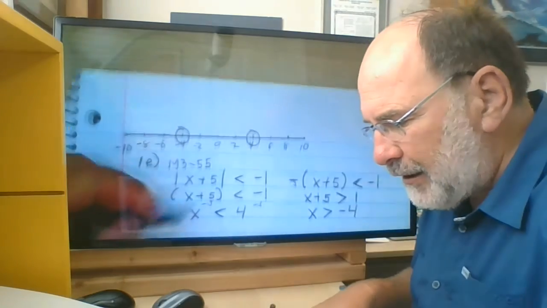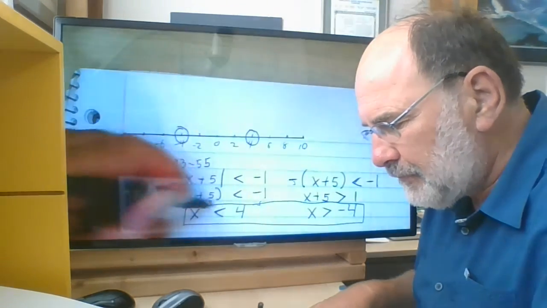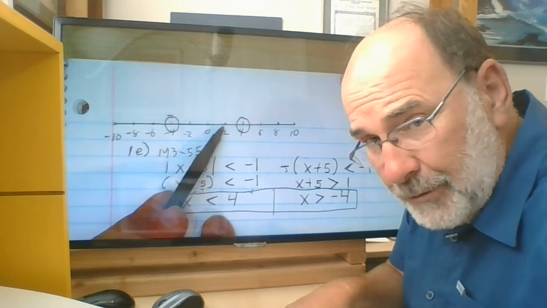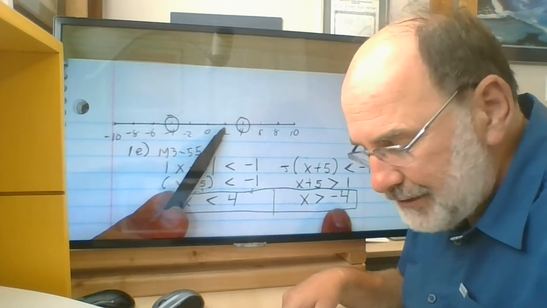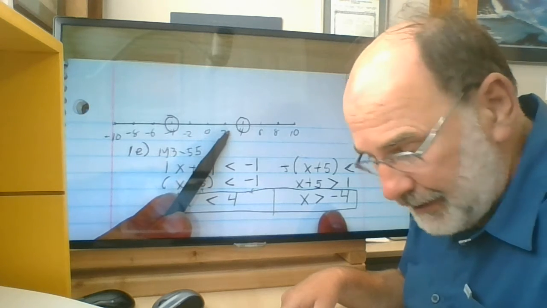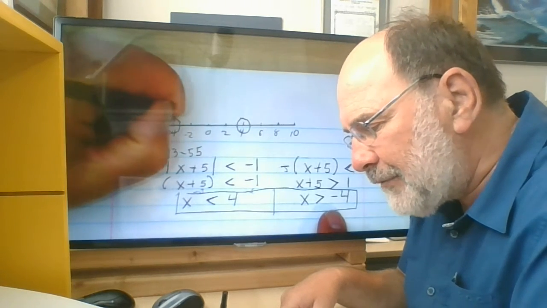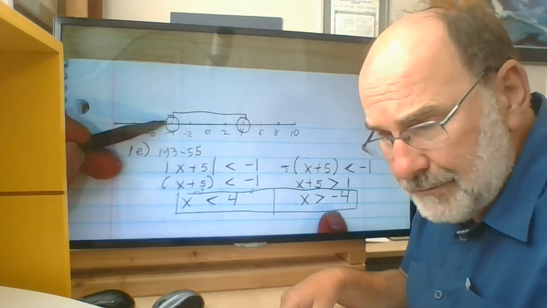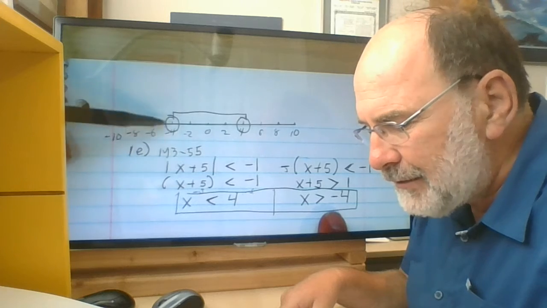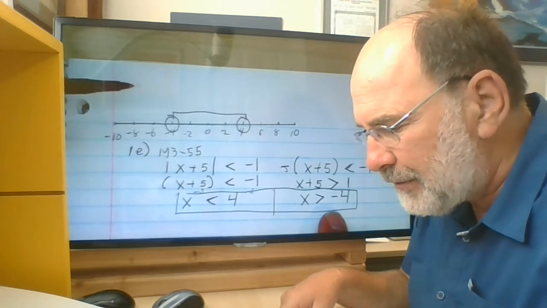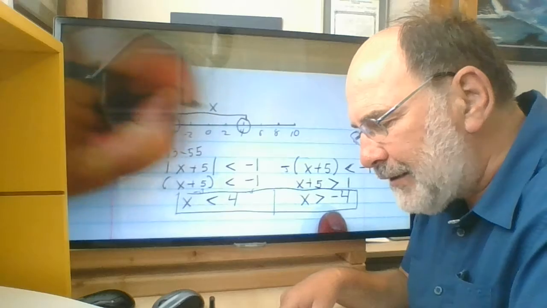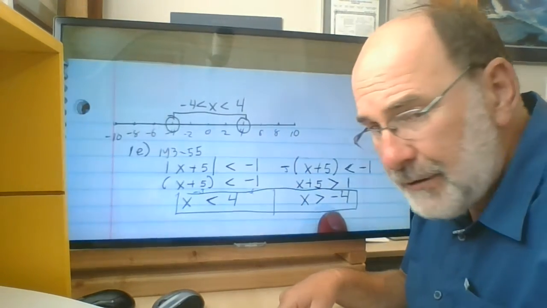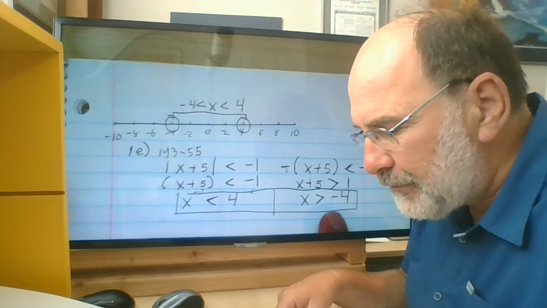The two solutions are x is strictly less than 4, and simultaneously, x is strictly greater than -4. So I guess if I were to mark it graphically, I would have an open-circle-ended number line that spans from -4 to +4. And graphically, I could say x is strictly greater than -4, strictly less than +4 as the solution for it.